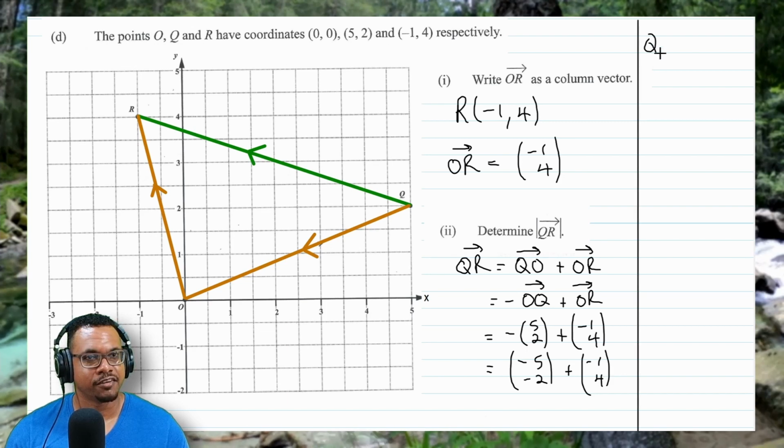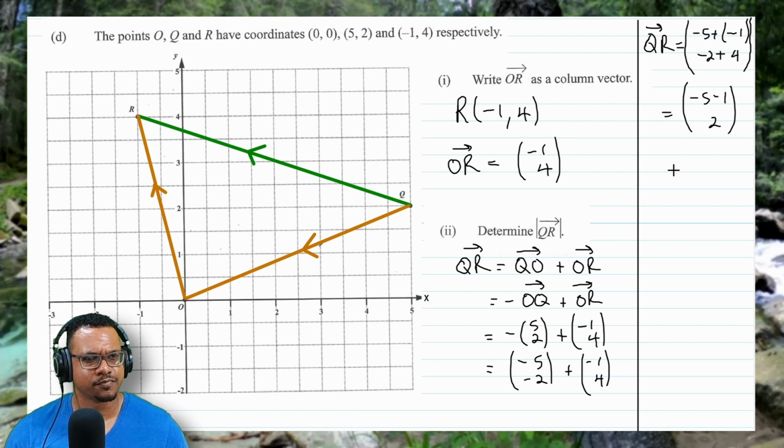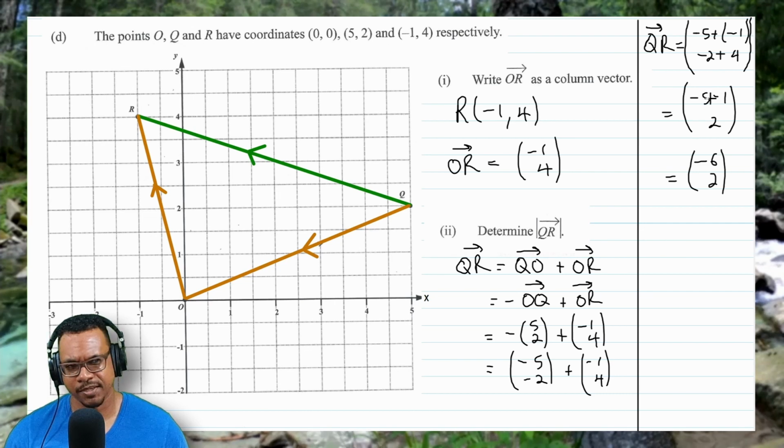So let's put QR here. That's equal to negative 5 plus negative 1, and negative 2 plus 4. Negative 5, take away 1, because multiplying these two signs gives a negative sign, and negative 2 plus 4 is just 2. So that's negative 6 and 2. Two negative signs, add and keep the negative sign.